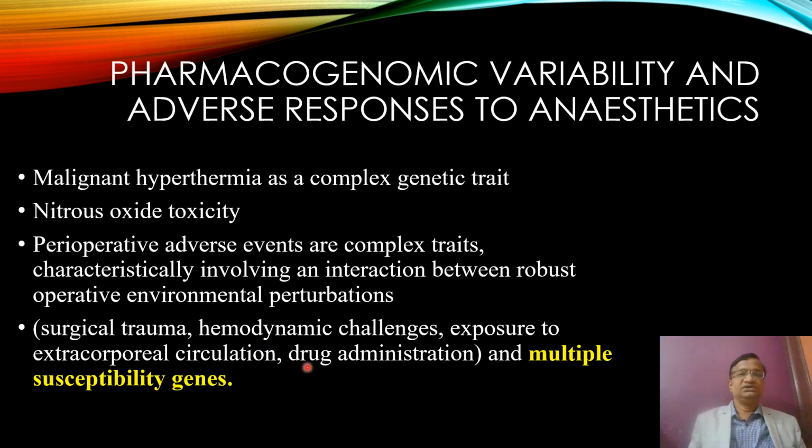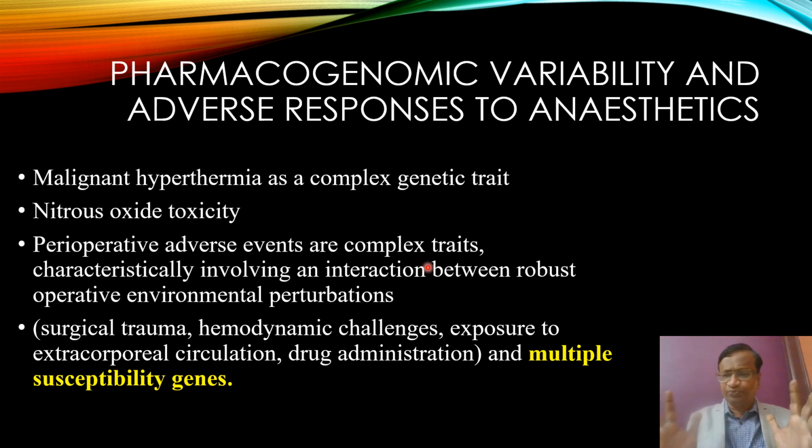Now, pharmacogenomic variability and adverse responses to anesthetics. What we have told so far is pharmacokinetics, then pharmacodynamics, which are all related to effects. Now I am going to side effects: malignant hyperthermia, nitrous oxide toxicity, perioperative adverse events.